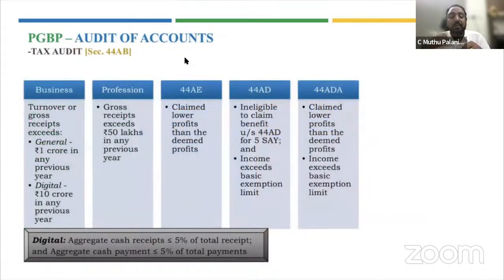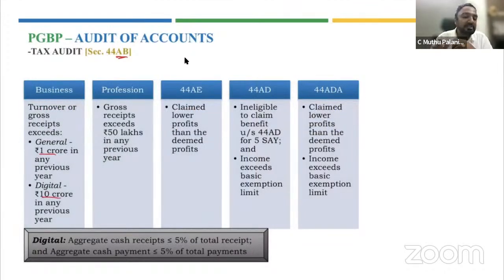And when do you do tax audit? What we already saw was 44AA, that is maintenance of books of accounts. But now we are talking about audit of accounts, that is audit of books. So AB stands for audit of books of accounts. Now when do you audit the books? If you are a business, your turnover is more than 1 crore. And if you're a digital business, more than 10 crore.